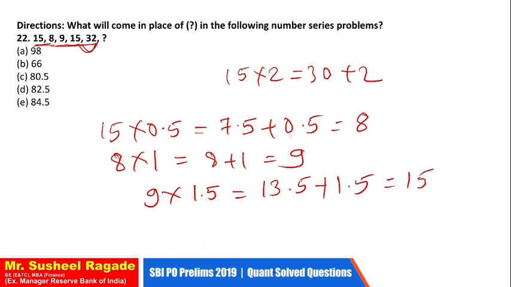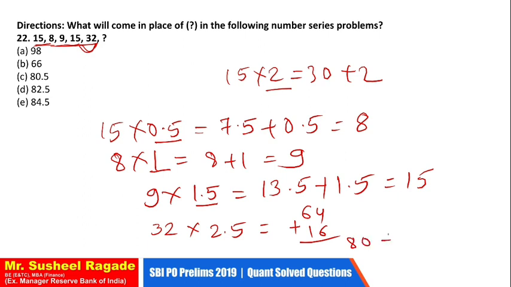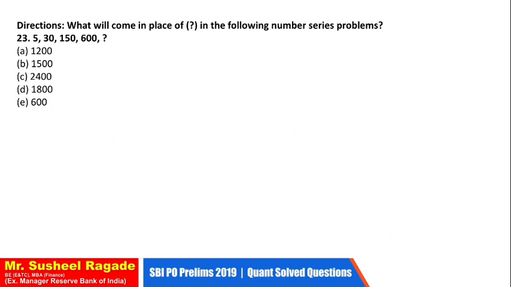So here it is 0.5, 1, 1.5, 2. Now we have to multiply 32 into 2.5. So 32 into 2 is 64, plus half of 32 is 16, it is becoming 80, plus 2.5 is equal to 82.5. So that's the answer, 82.5. Here it's very clear that they are multiplying by some number.